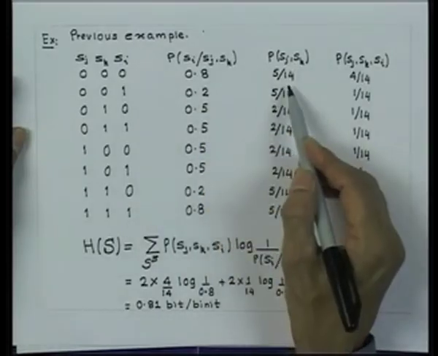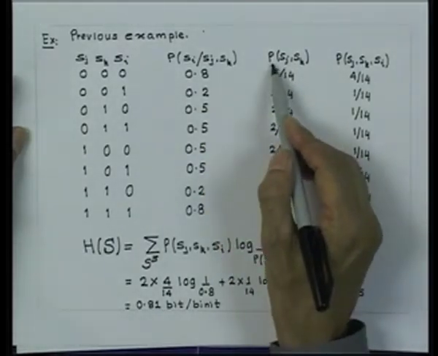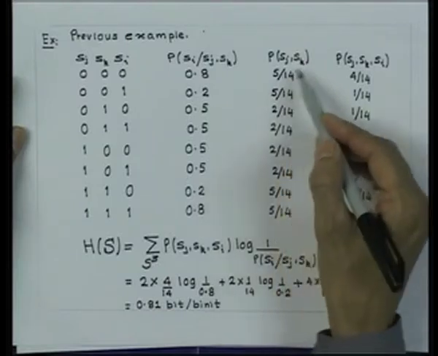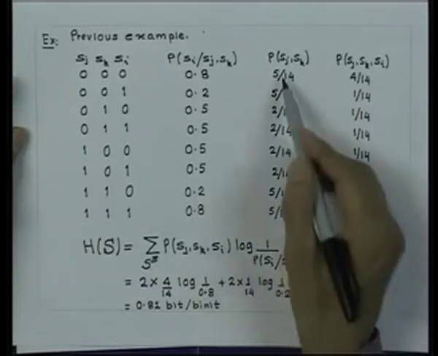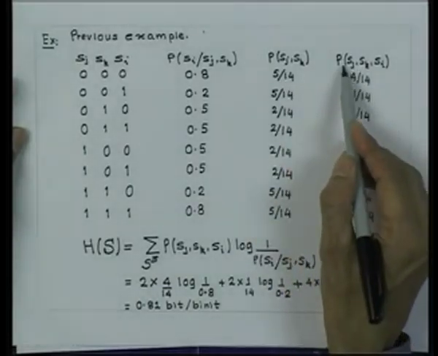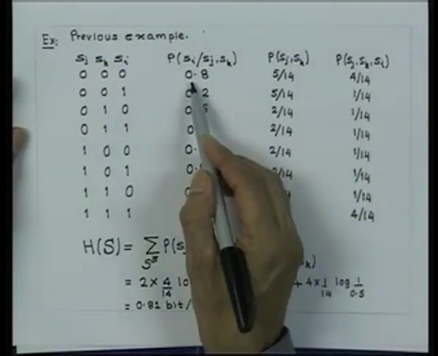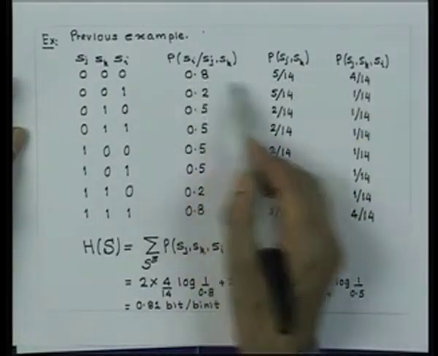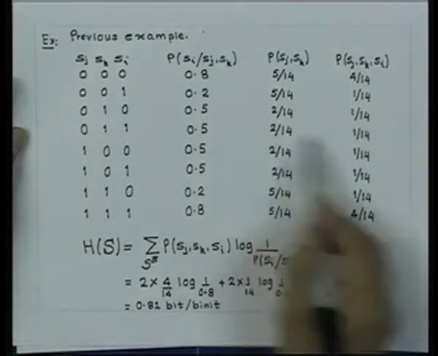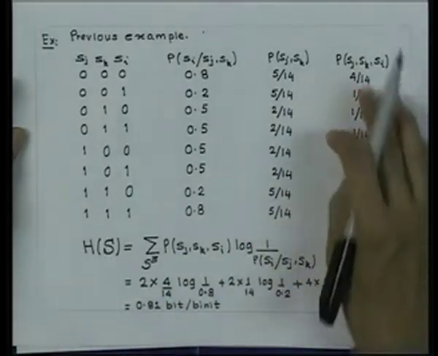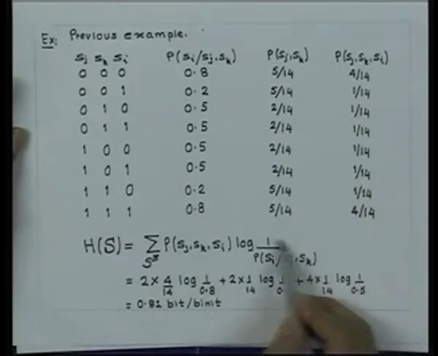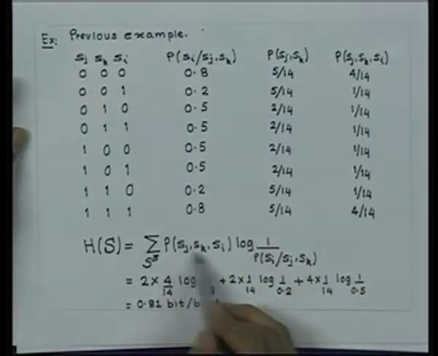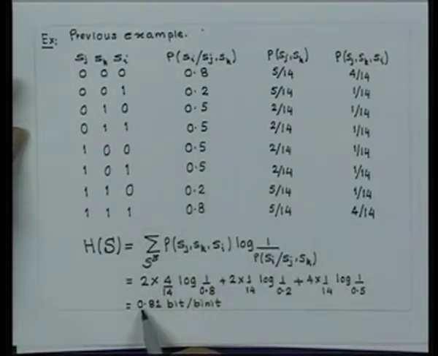So, we have 00, 01, 10 and 11. We had just seen how to calculate this, and the values we have calculated are given here. Once I have this, I can find the probability of Sj Sk Si by simply multiplying these two. What I will get is these values, right? And then you just take these values. I have got 8 values here, I have got 8 values here, just plug them into this, and what I get is 0.81 bit per symbol.